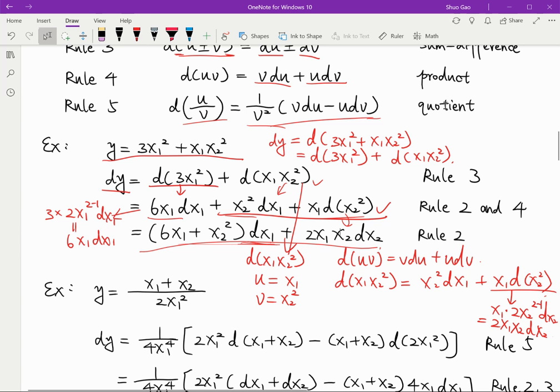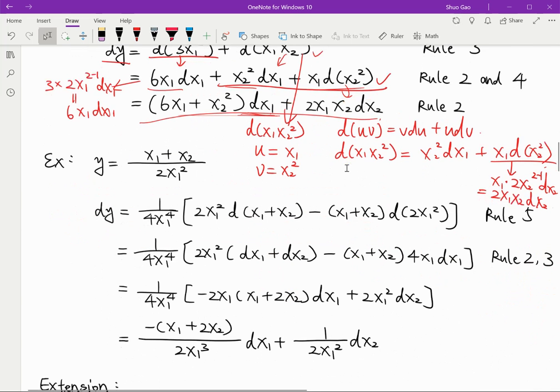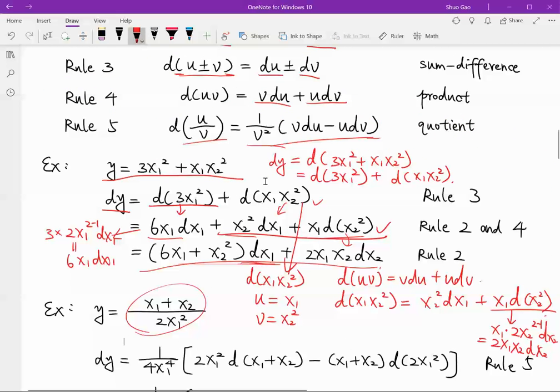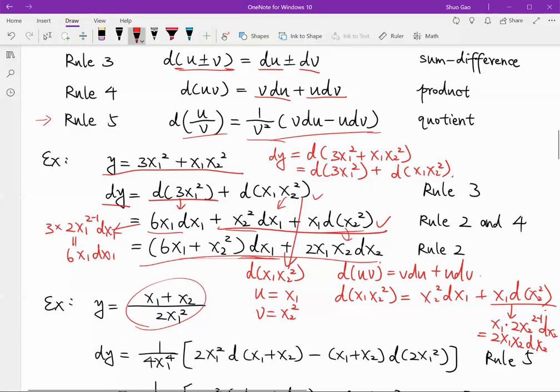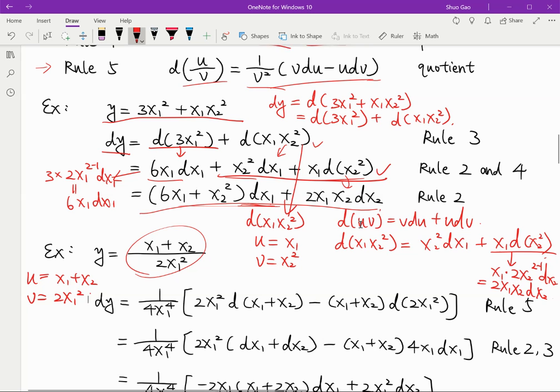So for the other example here, we have this function, and we want to find the total differential of y, and we can use rule 5, the quotient rule. So we can create two sub-functions, right? u equals x1 plus x2, and v equals 2 x1 squared.